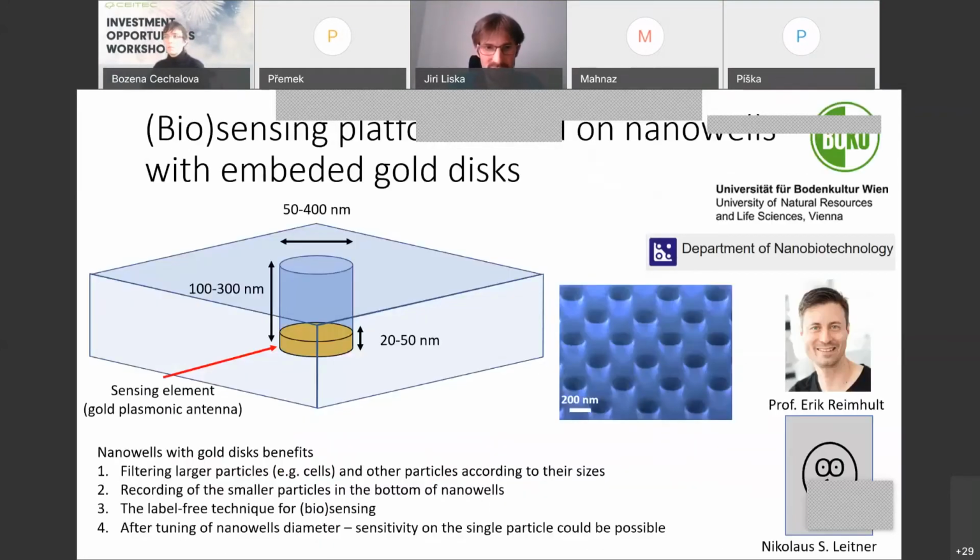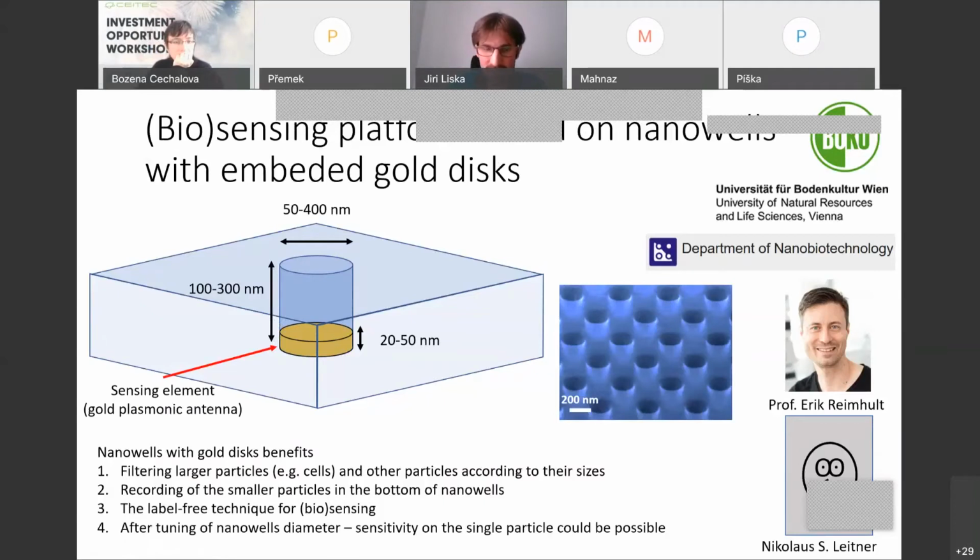This is good for us because when we combine a gold disk with a nanowell array with good properties, for example, height or diameter of nanopores around 100-200 nanometers, we can get a lot of benefits.